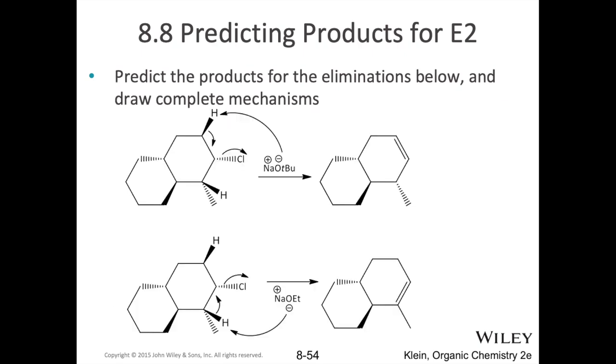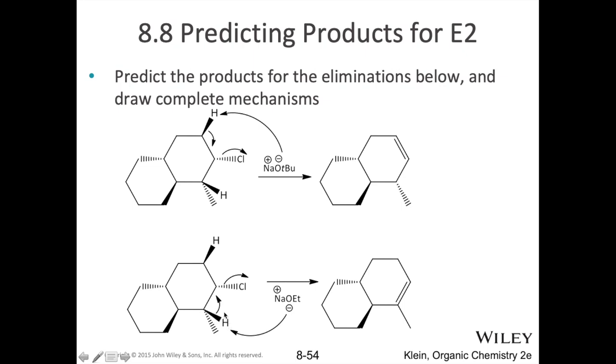So if we look at the 2 products we've got here, with the smaller base, the sodium ethoxide, we're going to make a Zaitsev product where it's going to prefer to take this proton that's attached to a carbon that has a methyl group next to it.